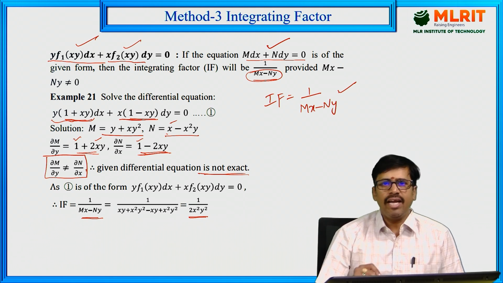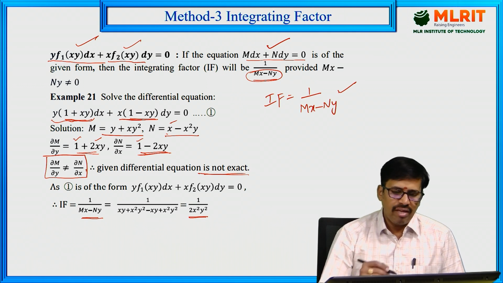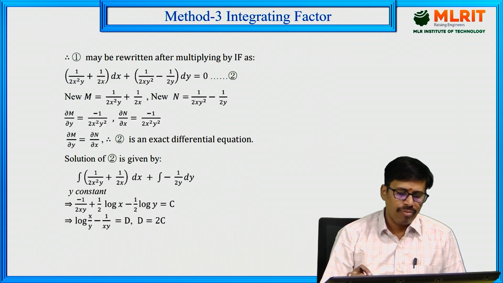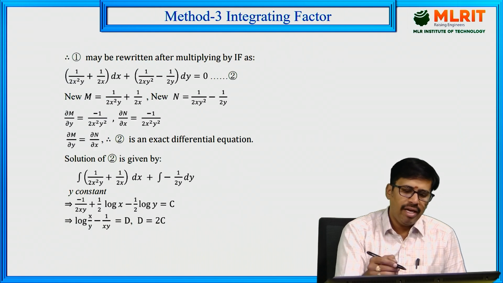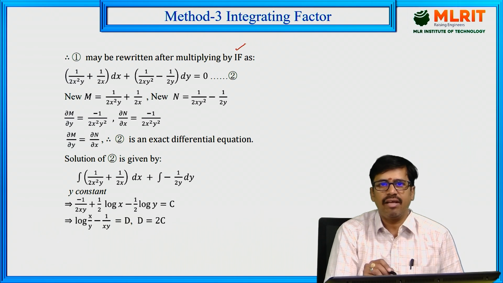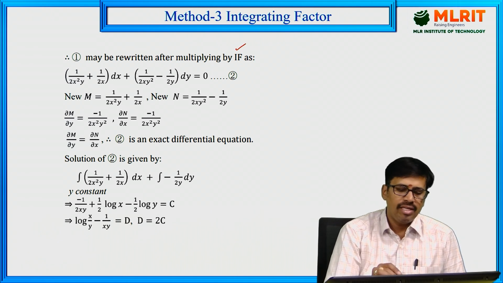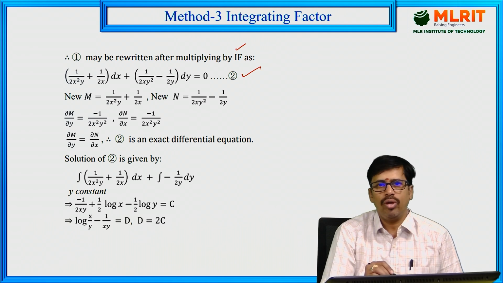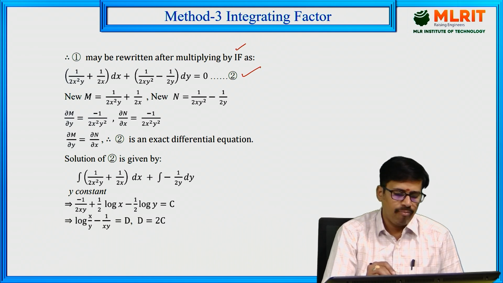Now after getting the integrating factor, we have to multiply it with the given differential equation 1, then it will be converted into exact. So the equation may be rewritten after multiplying with the integrating factor. This is reduced to equation 2 after multiplying.